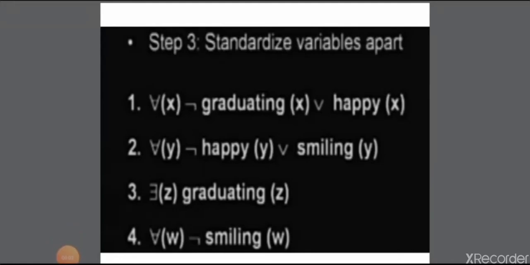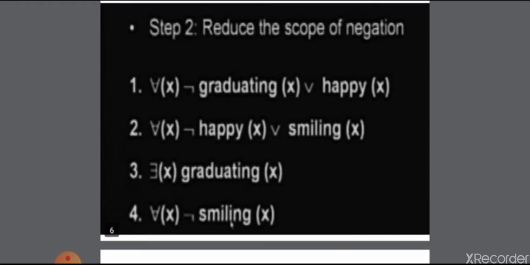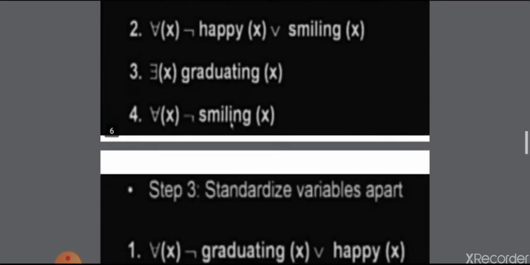Okay, converting with this procedure, our third step is to standardize the variables apart. We have to standardize the variables so that each quantifier binds a unique variable. See here, in the previous slide, the variable we had used was only x.